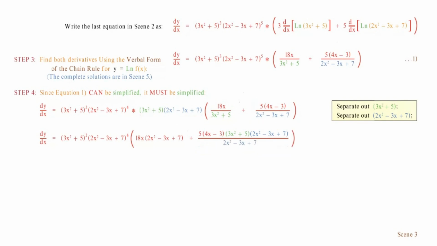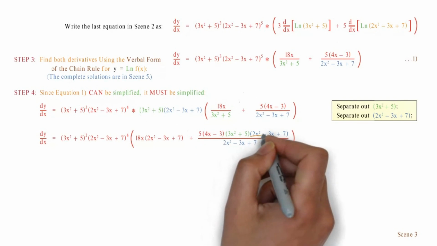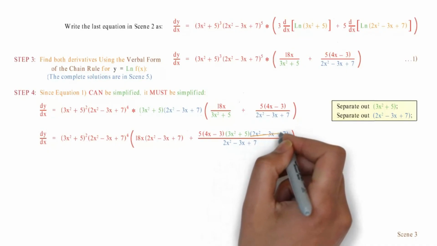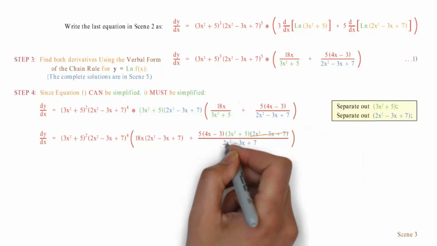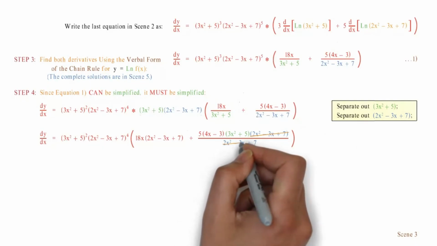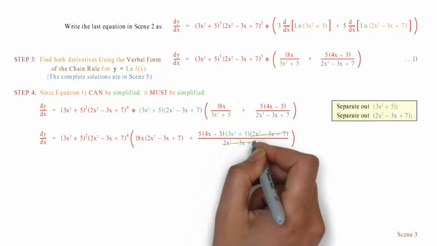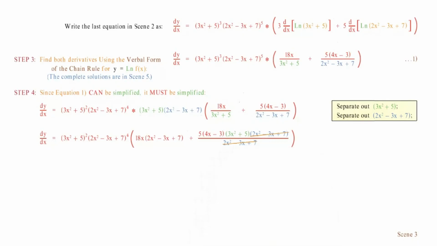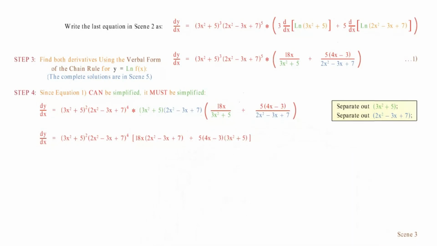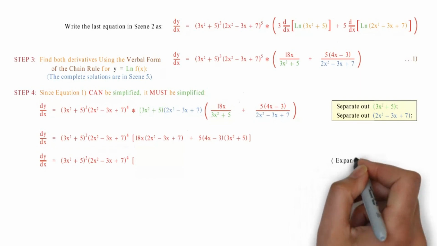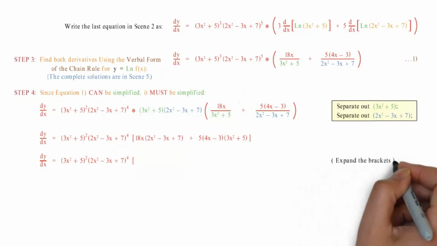Now cancel 2x squared minus 3x plus 7 with 2x squared minus 3x plus 7. Bring down. Expand the brackets.